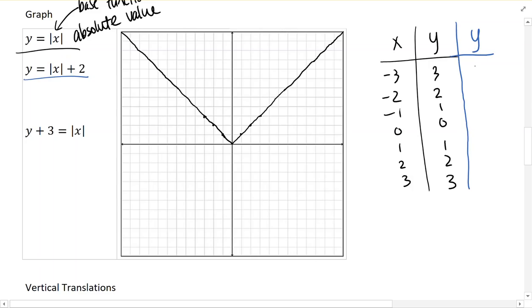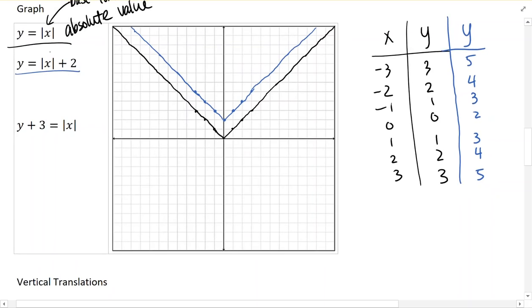So instead of 3, we now have 5, 4, 3, 4, 5. So everything has just basically moved up. So we start at 2, 3, 4. All right, everything will just add 2. So you'll have the same thing and everything has just moved up 2. So your graph will look something like this.